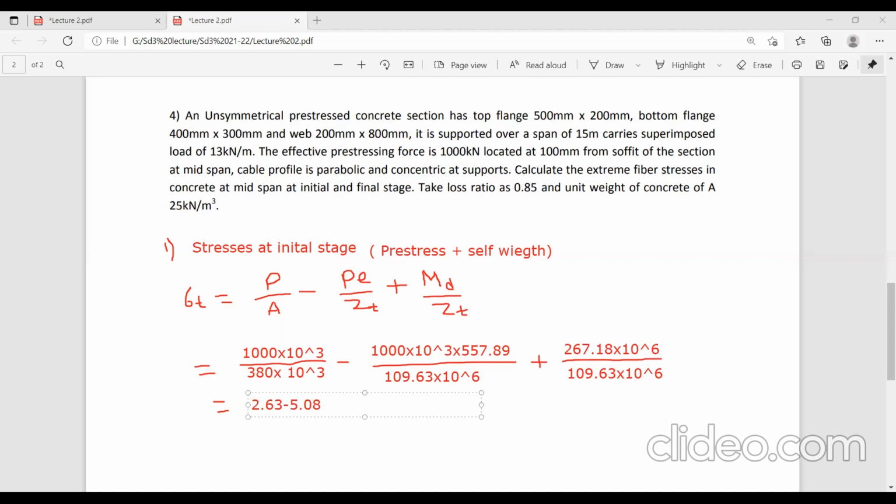The next plus, 10 raised to 6 both will get cancelled. 267.18 divided by 109.63. So it will be 2.43, correct?